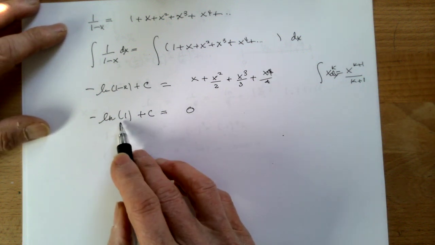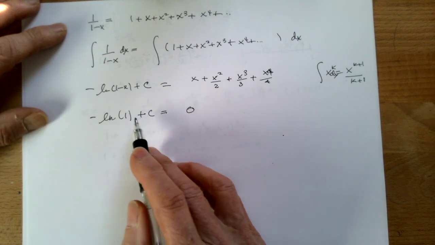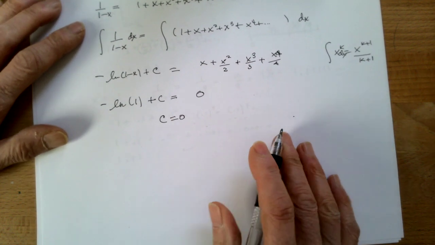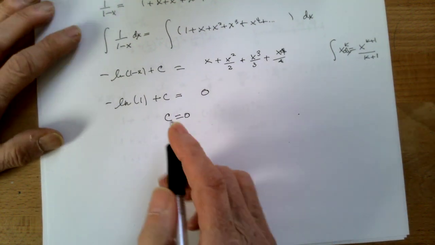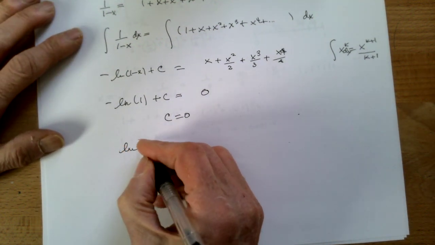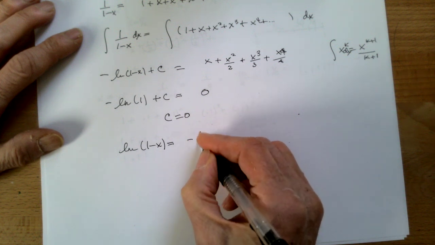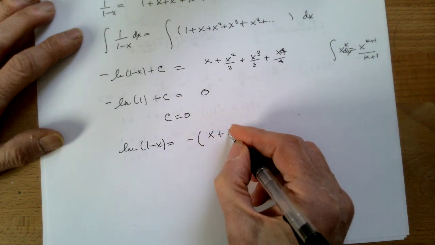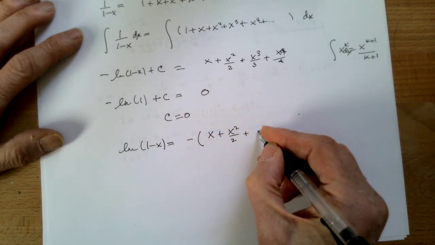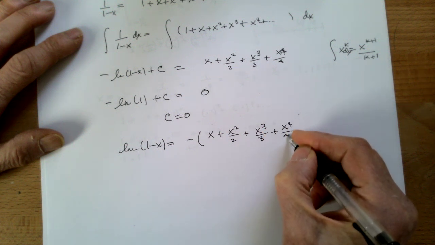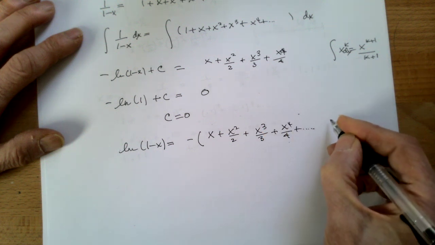And the natural log of 1, of course, is 0 because it is the power. So I finally get c equals 0, and I have my formula. I'm going to put the minus sign on the other side. Natural log of 1 minus x equals minus x plus x squared over 2 plus x cubed over 3 plus x to the 4th over 4 plus dot, dot, dot.